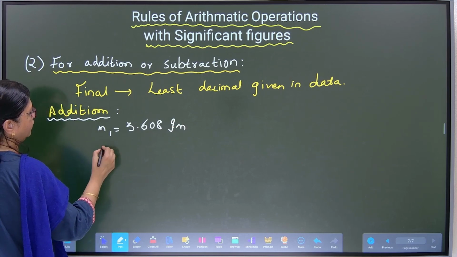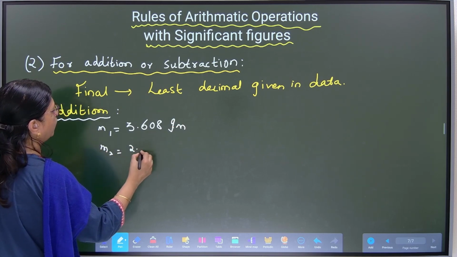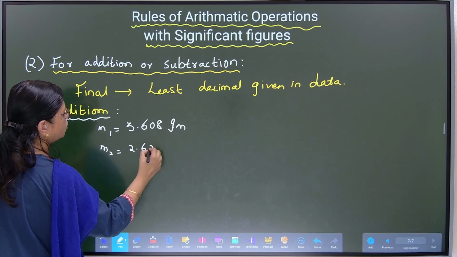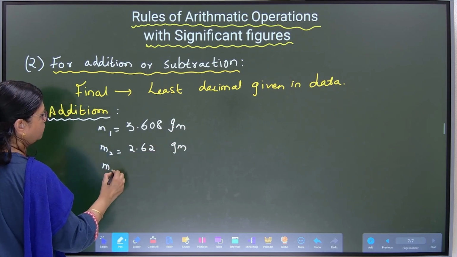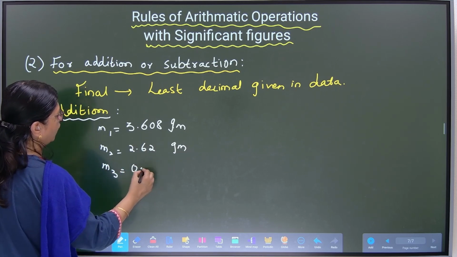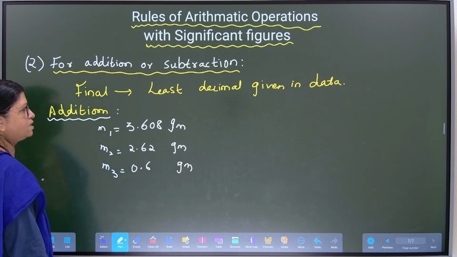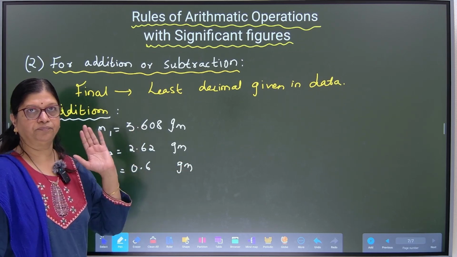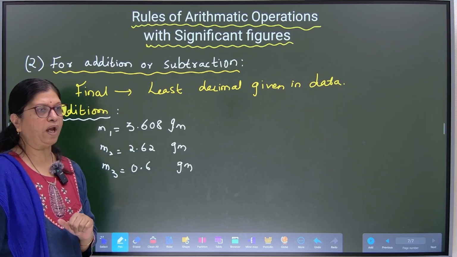Again, we are given M2 is equal to 2.62 grams. We are given M3 is equal to 0.6 grams. And we are supposed to add M1 plus M2 plus M3.